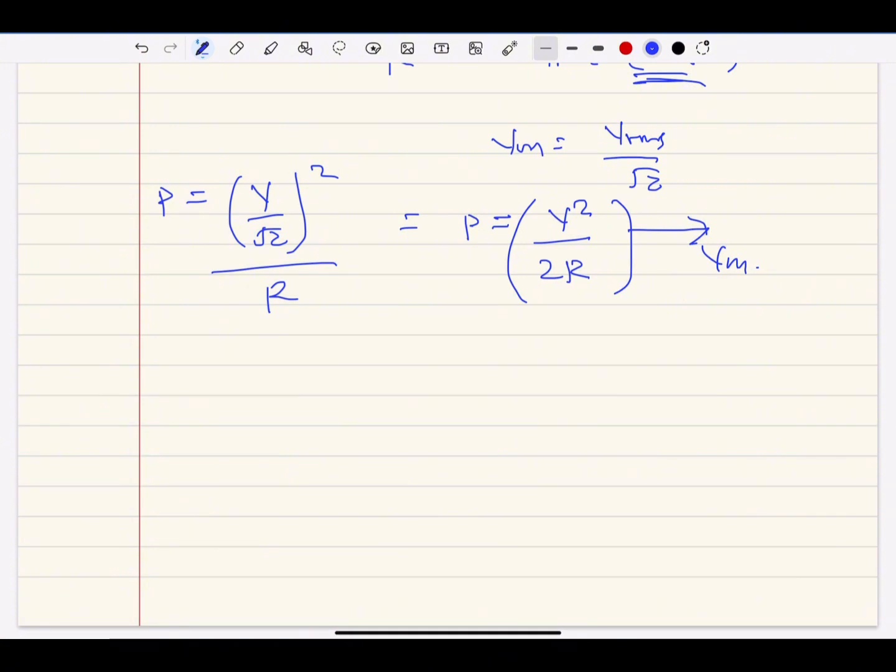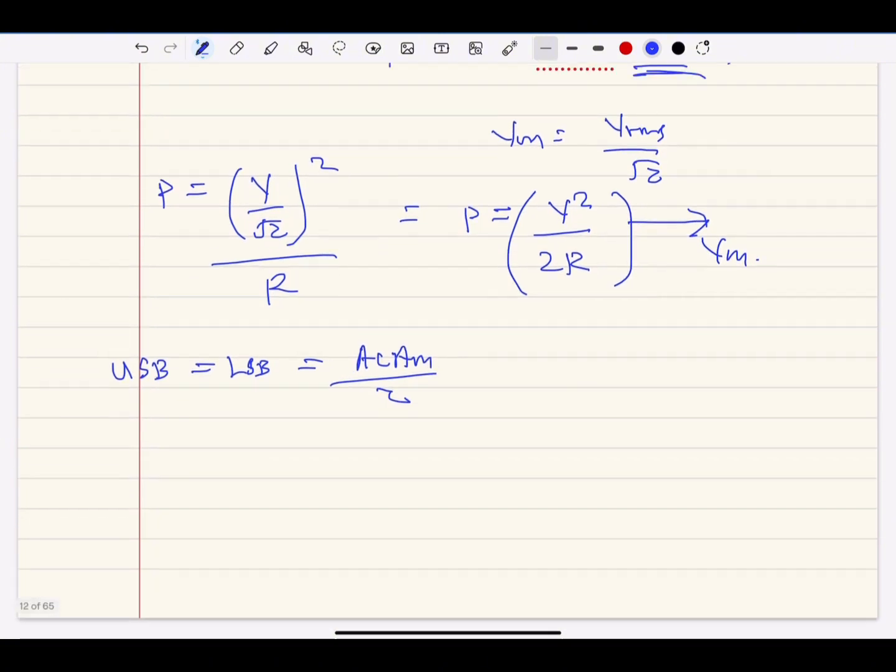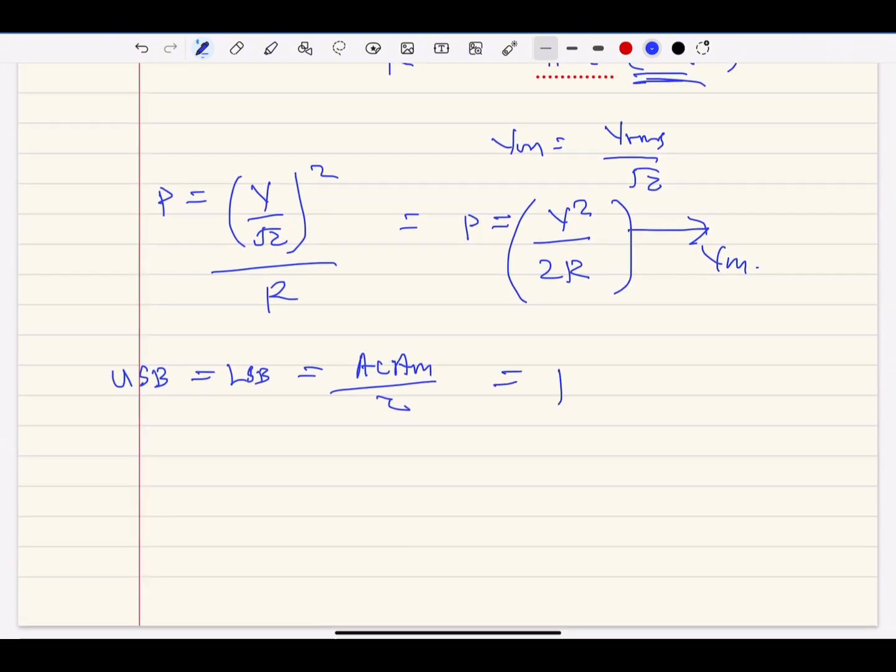Let's check the various sidebands. The upper sideband has the same amplitude as the lower sideband, and those amplitudes are Ac Am over 2. And therefore, when we substitute them into the power equation, we get (Ac Am over 2) all squared over 2R.